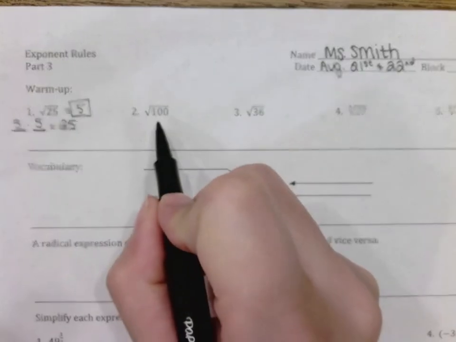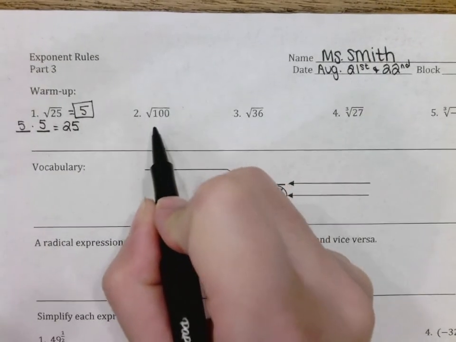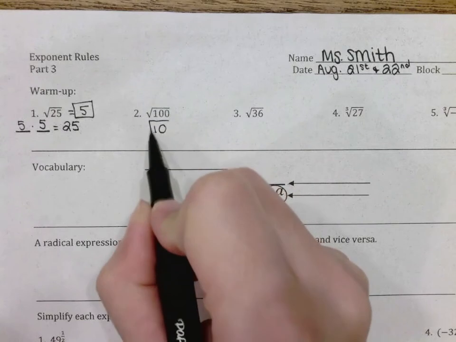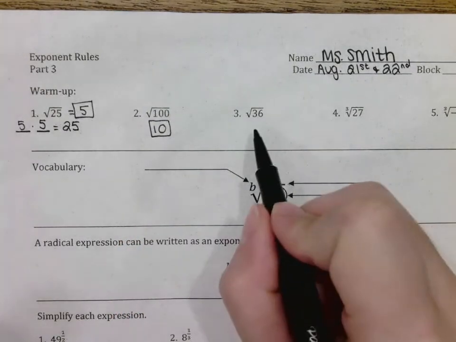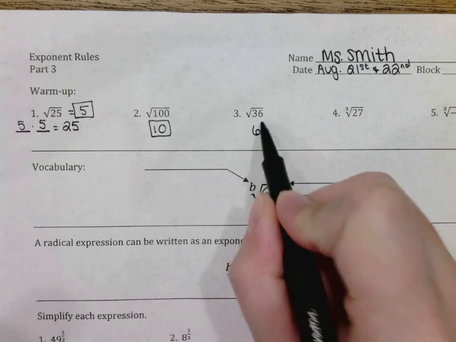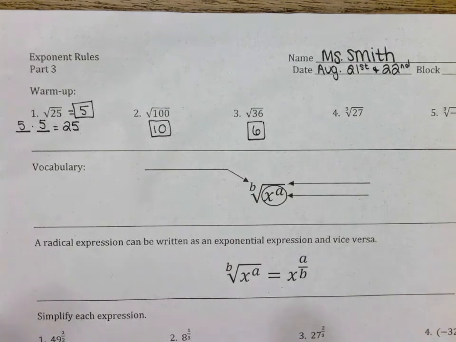So like the square root of 100, well, that's going to be 10, since 10 times 10 gets us 100. The square root of 36, you know that's 6. That's because 6 times 6 gets us 36.